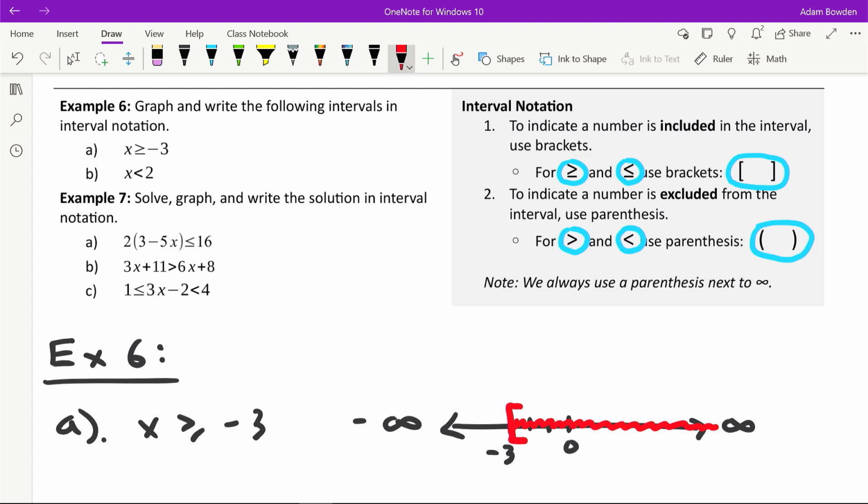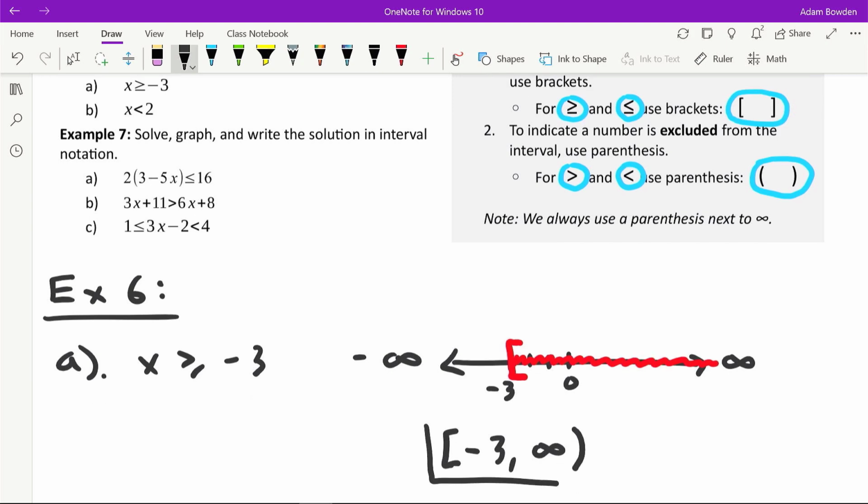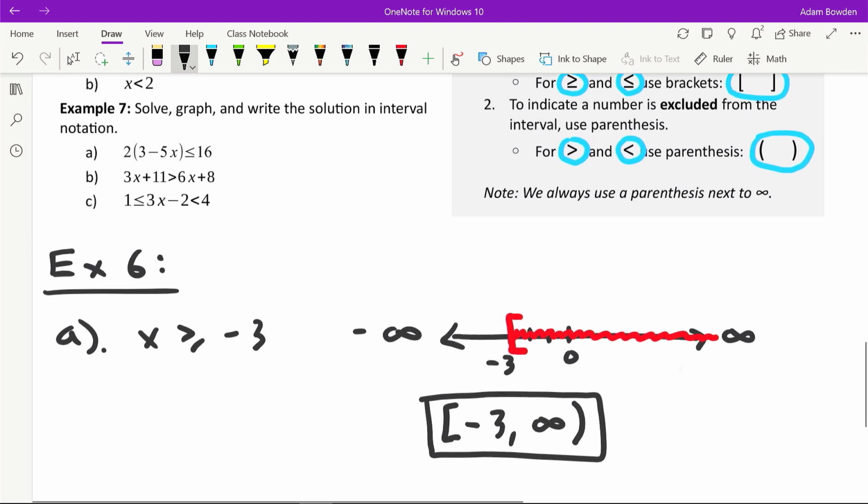And that's how we indicate on the number line x greater than or equal to -3. And in interval notation, we write that as bracket -3 comma infinity. Now, one thing we always use with infinity is a parenthesis in interval notation. So we're going to put a parenthesis there. Bracket -3 comma infinity. That's the interval notation for x greater than or equal to -3.